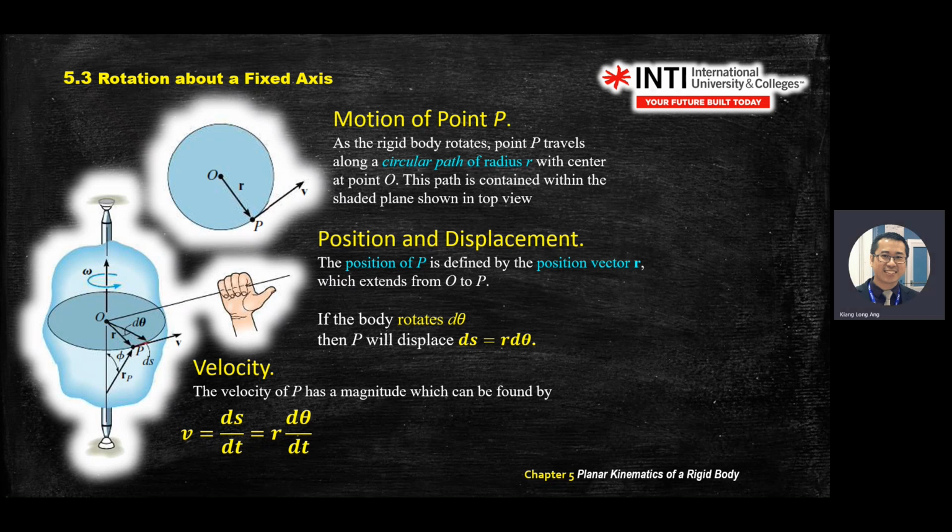Recall back in angular motion. When you have d theta/dt, what do you get? It is your what? Omega, and that is your what? Angular velocity. Makes sense.